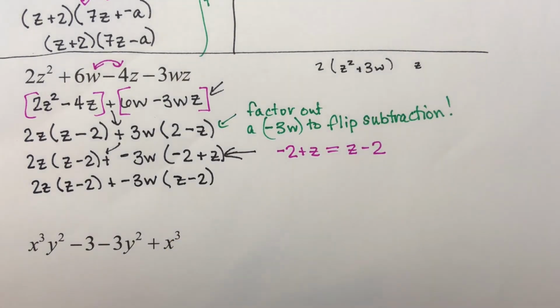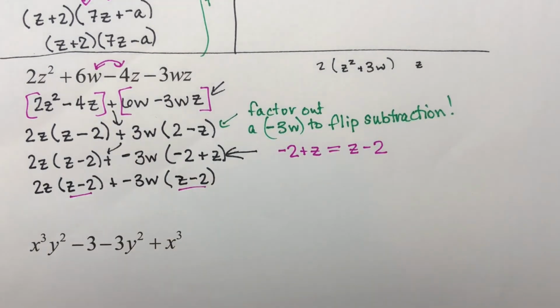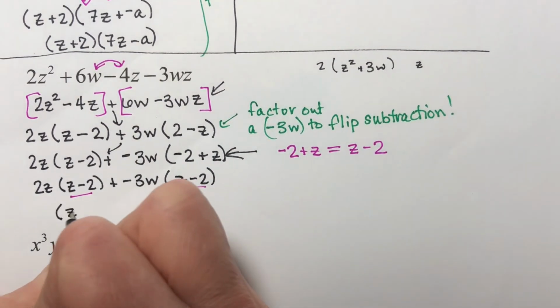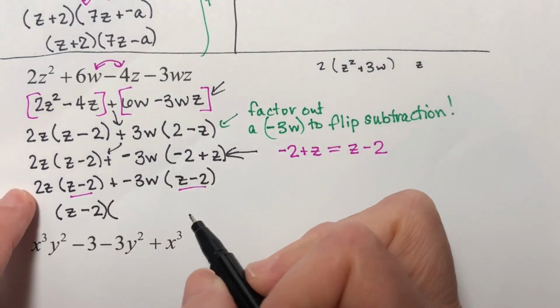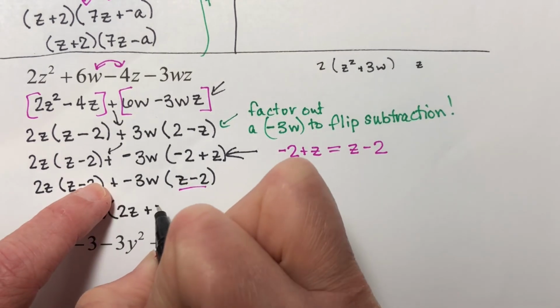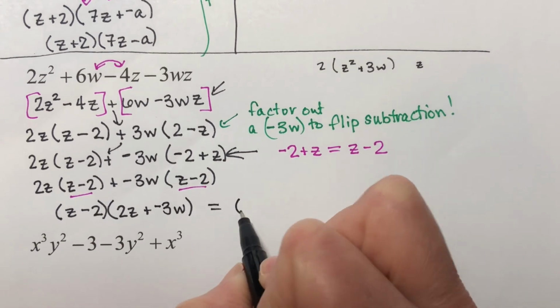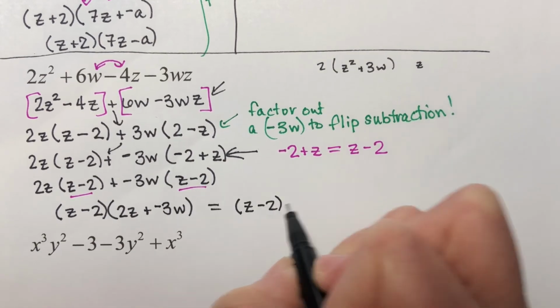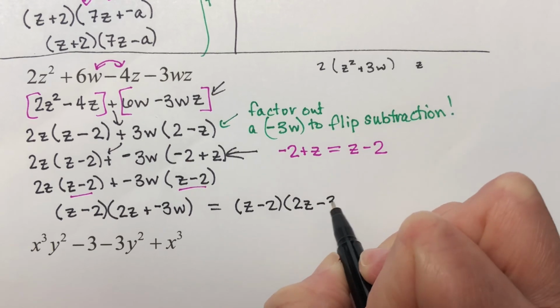You probably will not need to write out all of these steps. Now these two things are the same, so we write that down once, and then create a new set of parentheses, 2Z plus negative 3W, or better, Z minus 2 times 2Z minus 3W.